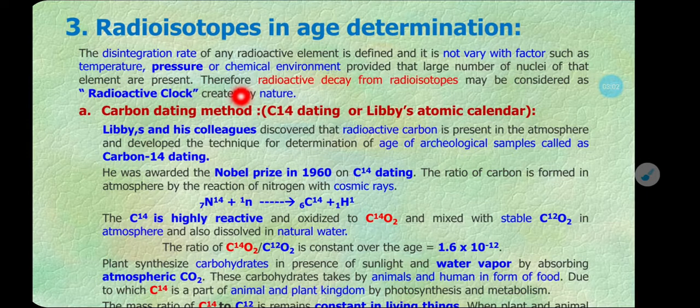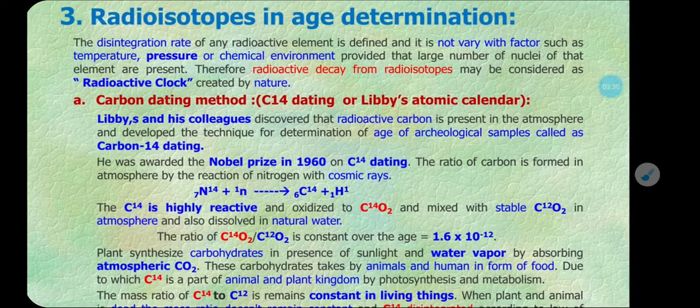Therefore, radioactive decay from radioisotope may be considered as radioactive clock. That means this will give us time period of the existence of the substance. That's why we call it radioactive clock created by the nature.